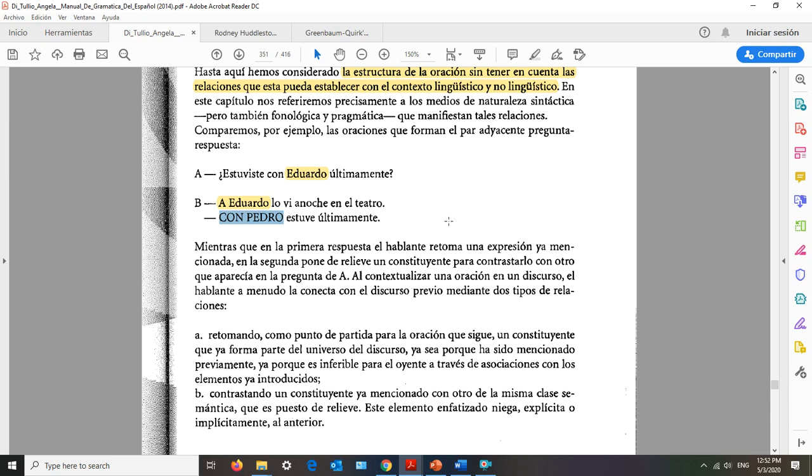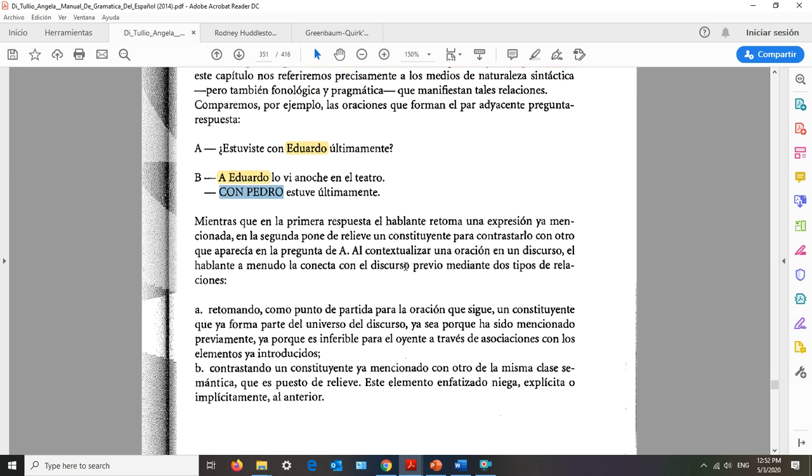Okay, so we can have, al contextualizar una oración en un discurso, so when we use it pragmatically in discourse, which is language put to use, contextually speaking, right? The speaker often connects it with the preceding discourse by means of two types of relationships.